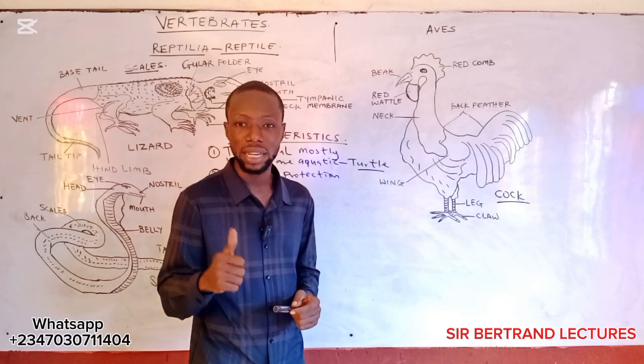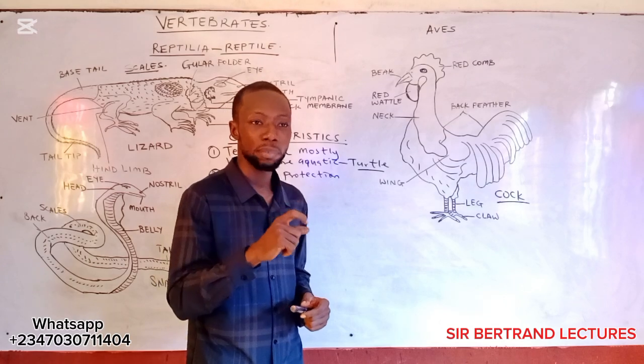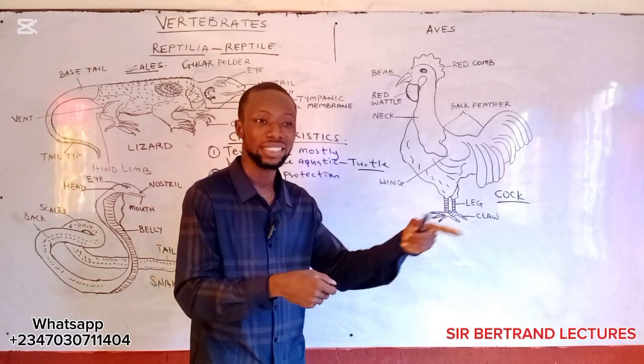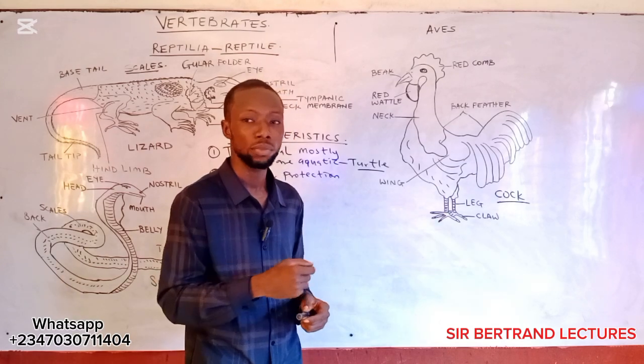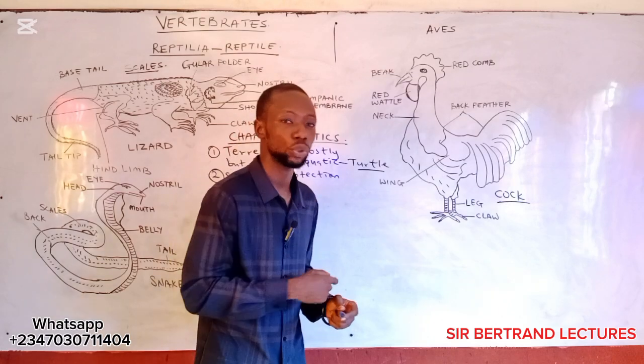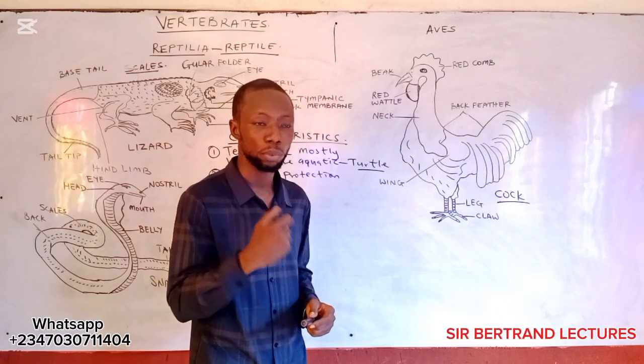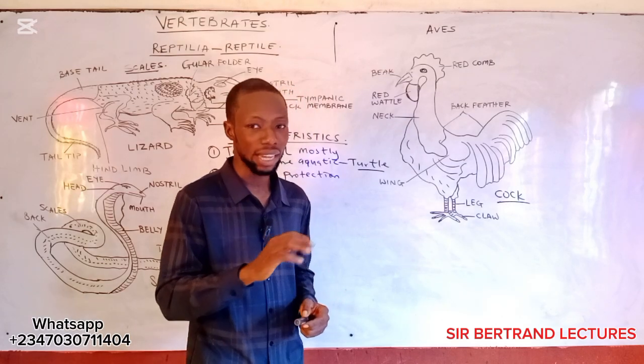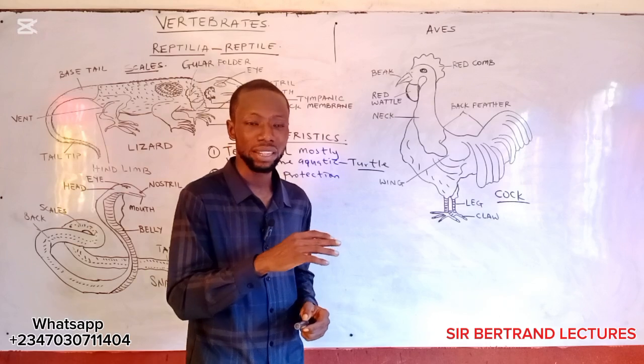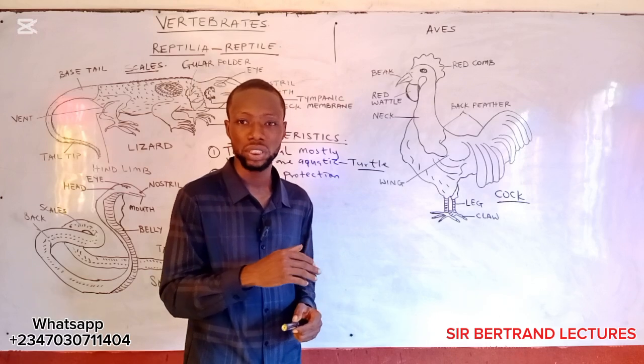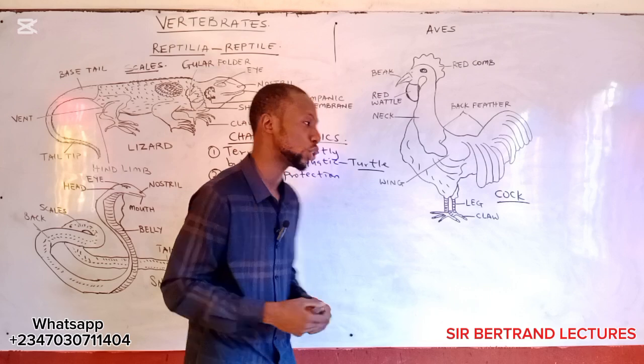I told you last time that amphibians have soft and moist skin, which gives room for cutaneous respiration. But crocodile doesn't possess soft and moist skin. They have scales covering their body surface, which is used for protection.